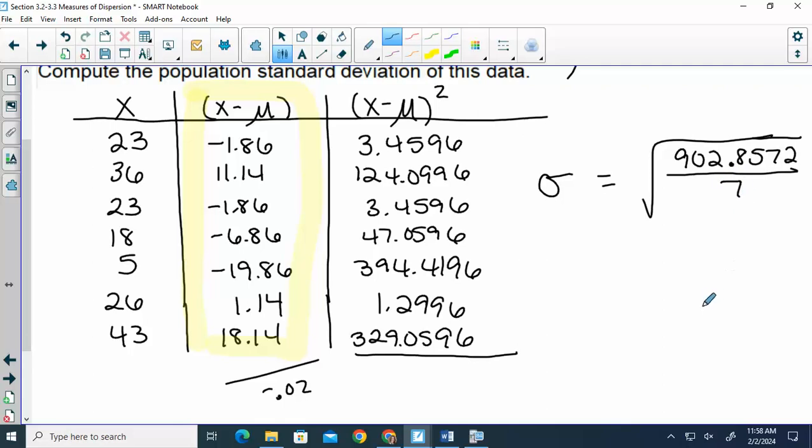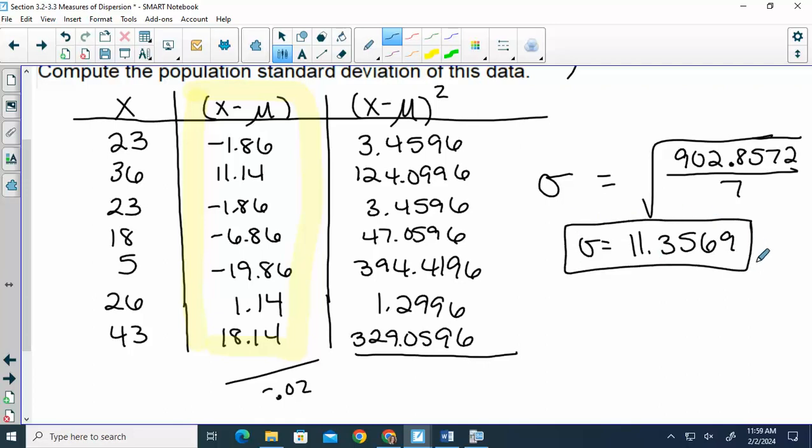We had 7 in this case. So we do the square root of 902.8572 divided by 7. So I get a standard deviation of 11.3569.